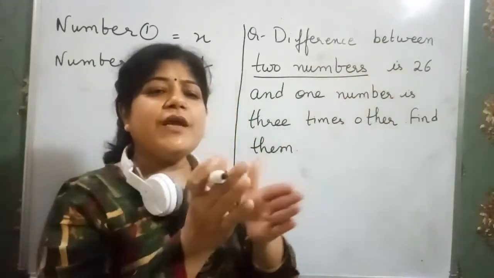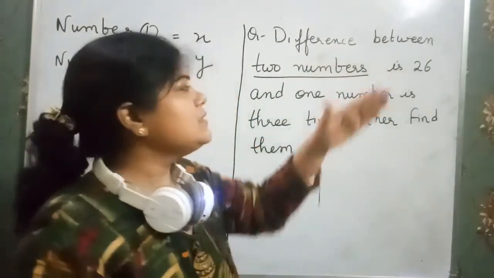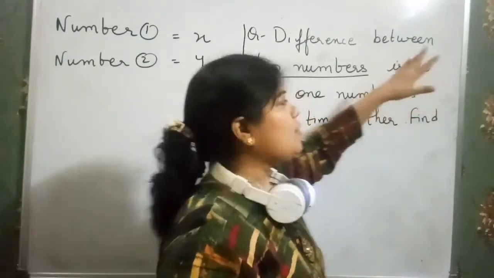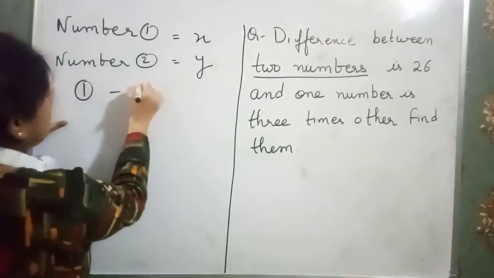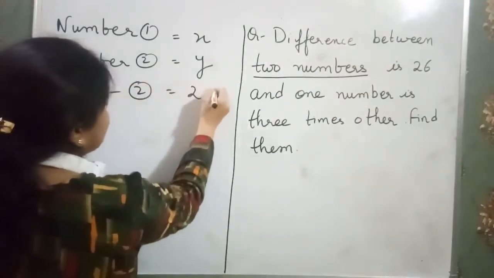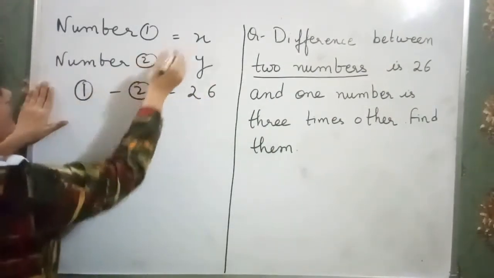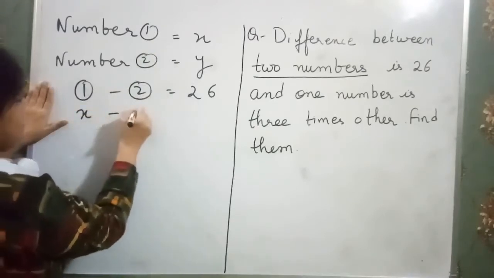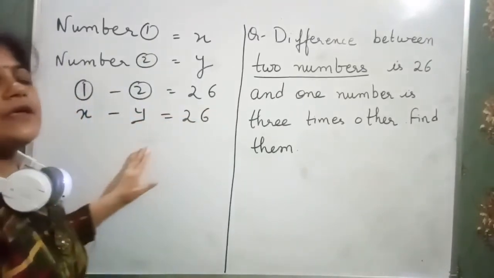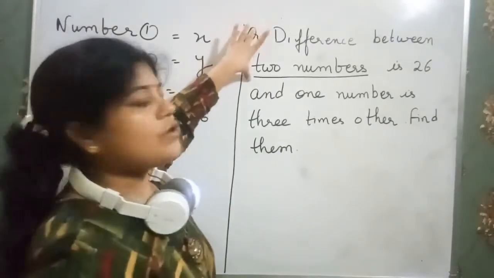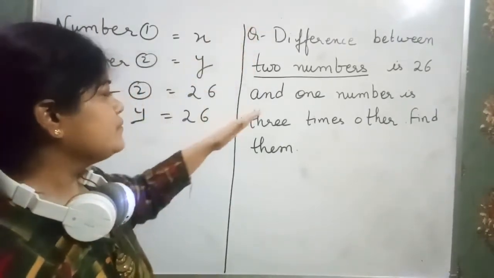That means if we subtract two numbers, we get 26. So write it as x minus y is equal to 26. I think you understand this much of the question now.